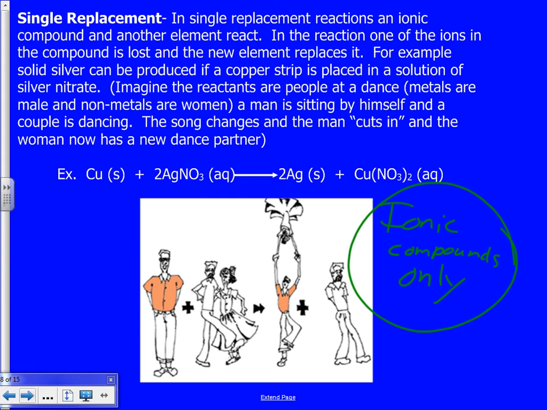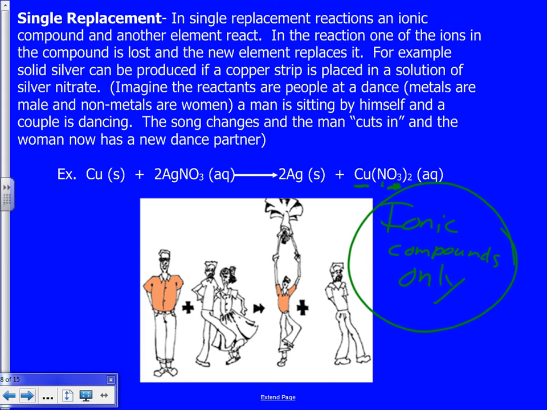For this reason, the products have to be an element and an ionic compound. And an ionic compound always has to have a metal and a non-metal, or polyatomic ion in this case. So if you end up on the product side with 2 metals together and a non-metal by itself, have you paired them up correctly? No, you haven't, because you don't have an ionic compound now on the product side.